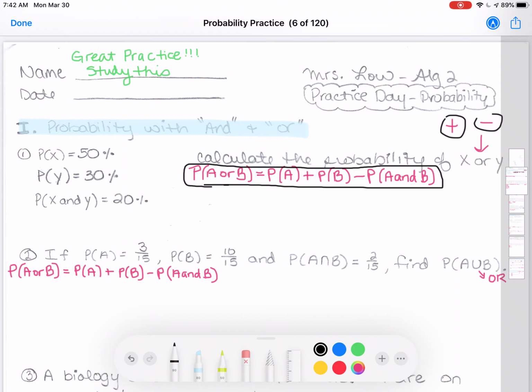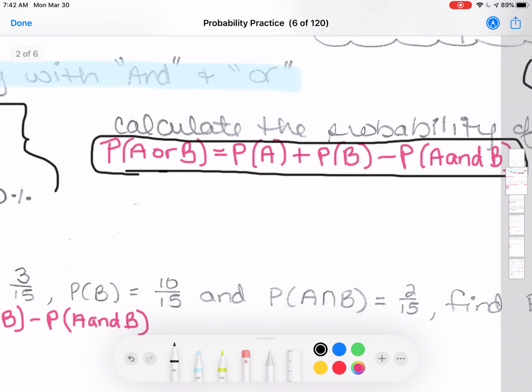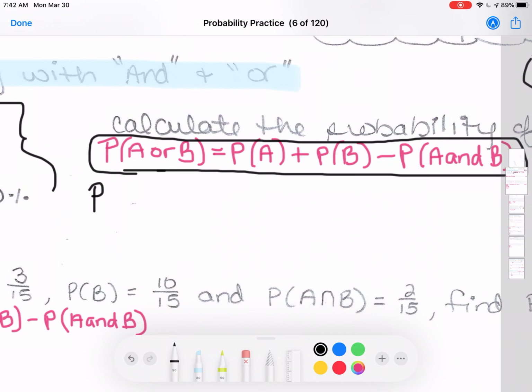So now we're just going to substitute in all of these pieces. I learned how to zoom in now. My daughter showed me that. Now I can write neater. So I can zoom in and write, and then I zoom back out.